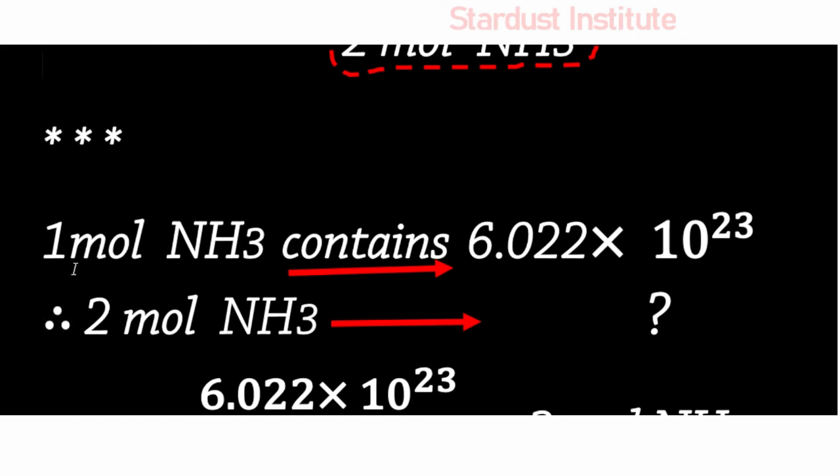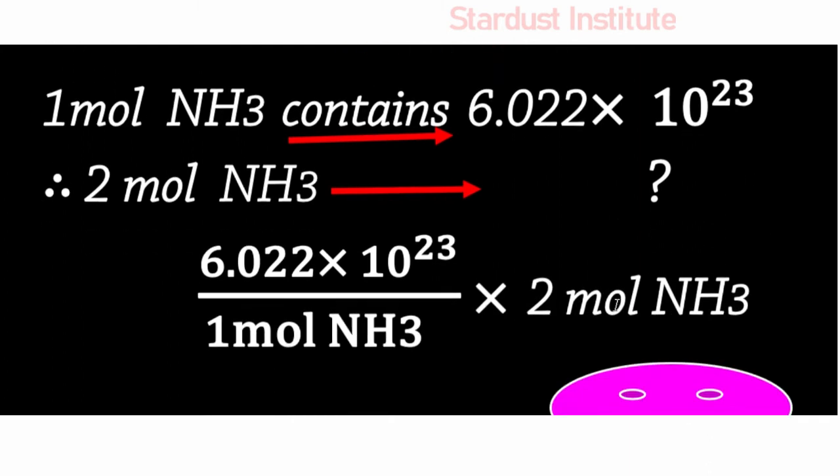We know 1 mole of ammonia contains 6.022 times 10 raised to 23 molecules of ammonia. Then, in 2 moles of ammonia, how many molecules of ammonia are there? We can find the answer in this way.